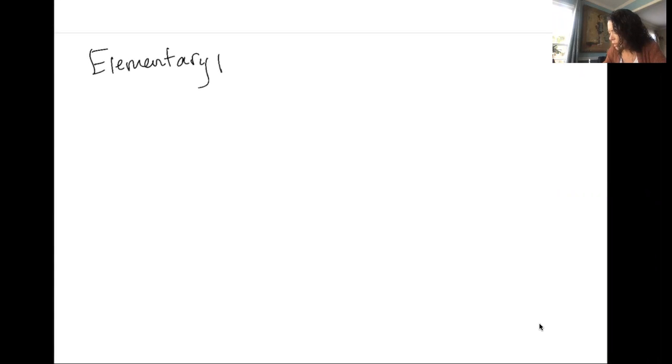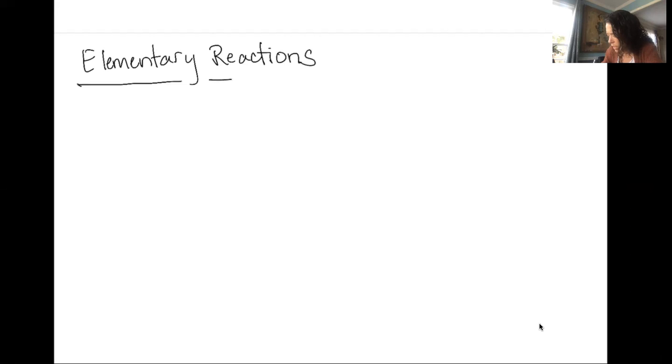Elementary reactions. These are just single reactions, okay? We will see them applied in a little bit different way later. But what we're going to see is that this is a single step in a reaction process, okay?